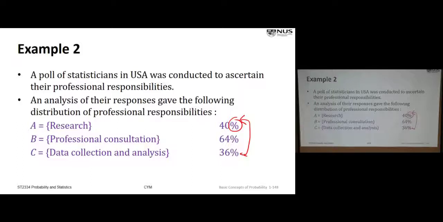Because some statisticians can play one or more than one role. One can do research as well as consultation. That means one can belong to both A and B. So in other words, A, B, C are not mutually exclusive groups. That's why it does not add up to 100.